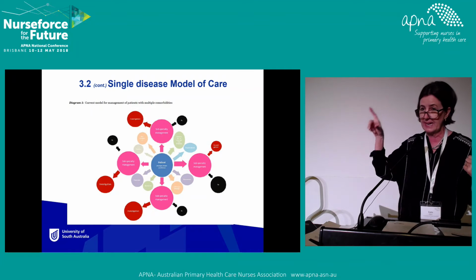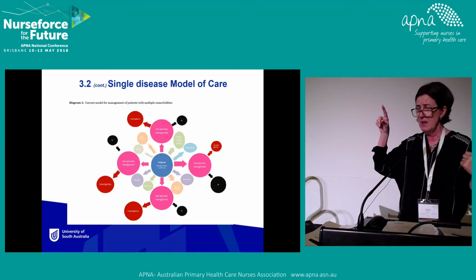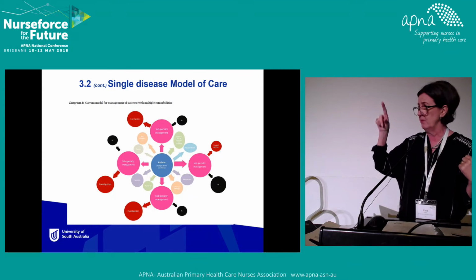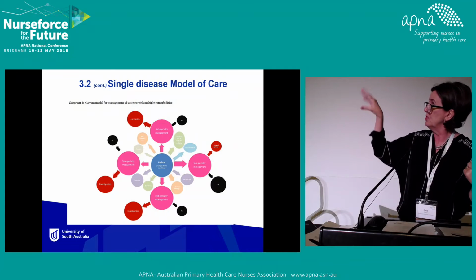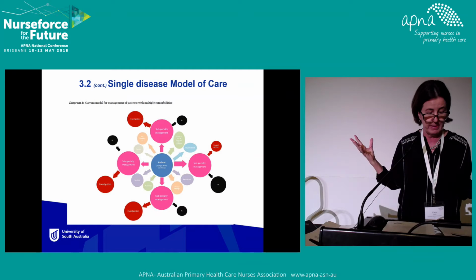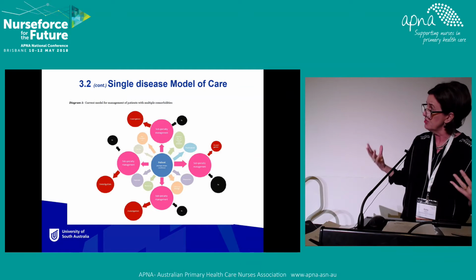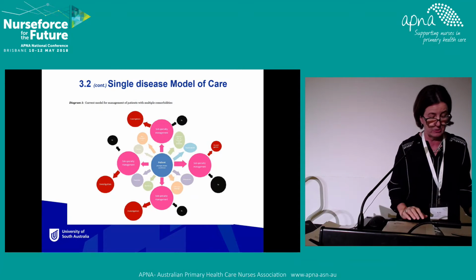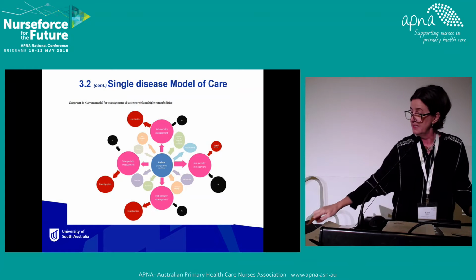You can easily see how a person's life and quality and relationships all just revolve around their chronic disease management. And it's not coordinated, and it's not the best sort of system for the patient.